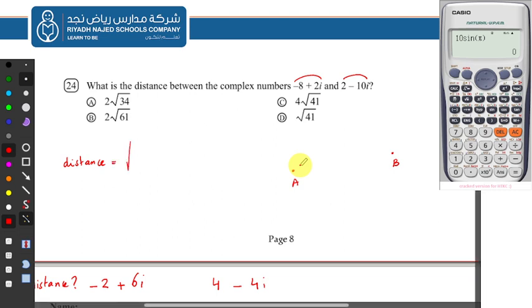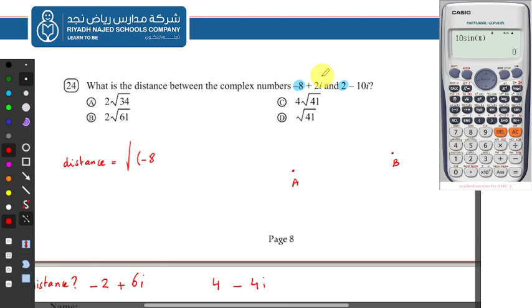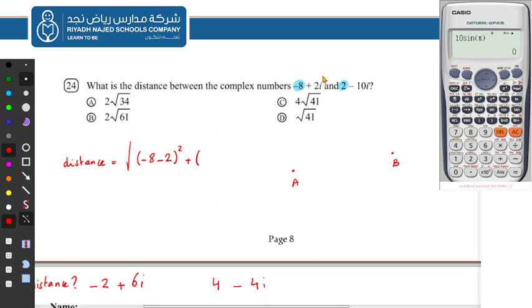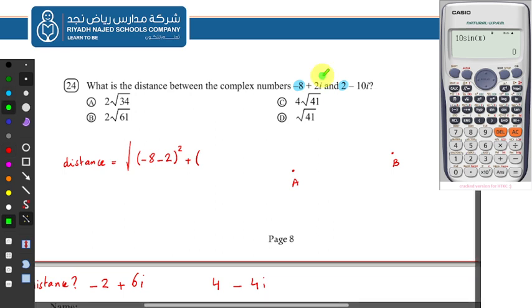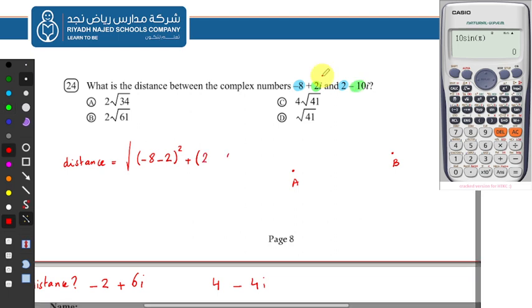Again, square root of the difference between the first parts, that means -8, this is the first part of the first complex number, and 2 minus 2, squared, plus the same thing for the second parts, the imaginary parts. You have 2 here and you have -10 here, so you will write 2 here and you will write -10 here, and you calculate the difference between these 2 complex numbers.